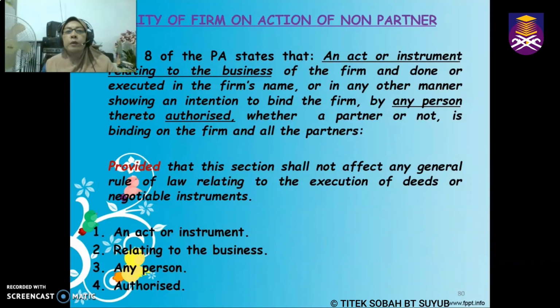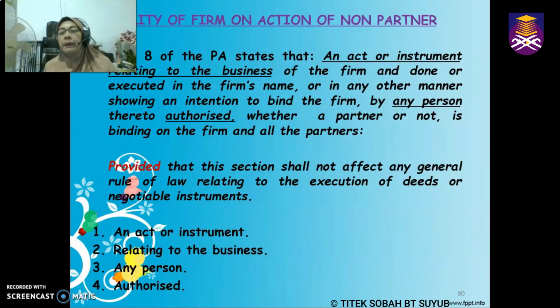Okay, so this is the liability of the firm for the action of a non-partner. This is covered by Section 8 of the Partnership Act. Under this situation, whatever action or instrument which is related to the business and is executed in the name of the said firm, showing intention to bind the firm, by any other person.